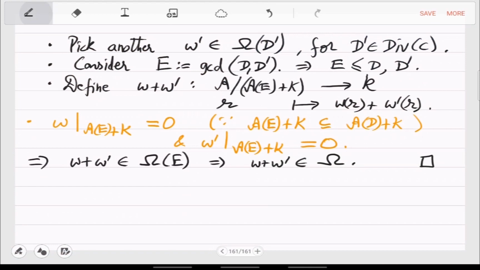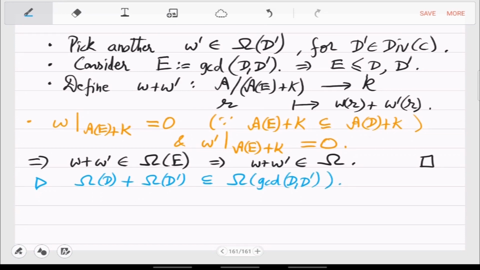So, we can remember two things from this proof. First is that when you add something in omega D prime, where you go is the GCD. So, the sum of two different divisor-based differentials is actually contained in the GCD.